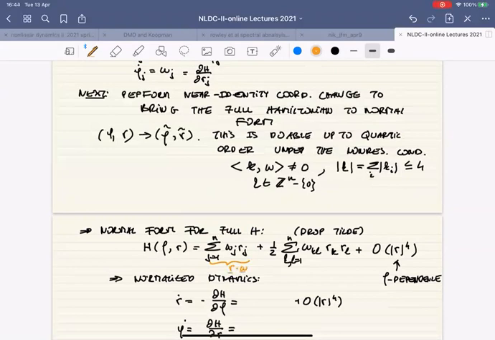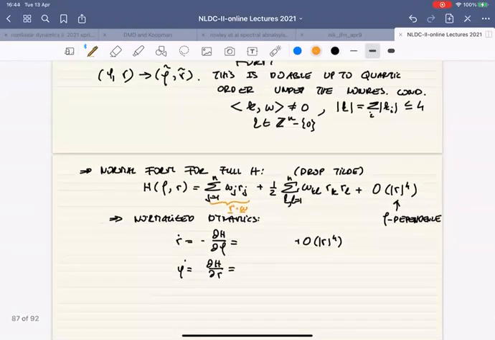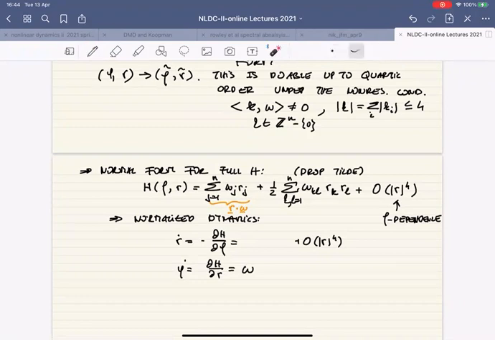So this derivative will simply be omega, the frequency vector. And when you take the derivative of the next term, which is quadratic in R, you get a term which is linear in R, but it still only depends on R. So this is order R. And then you have the higher order terms.